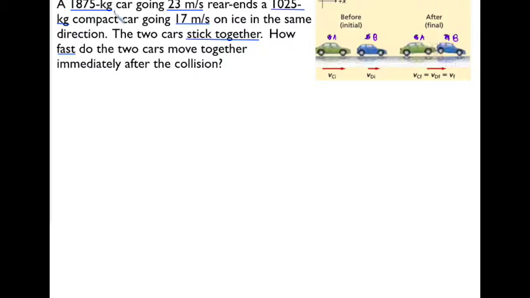We know that this is the mass of car A, so I'm going to write the mass of A is 1875 kilograms.